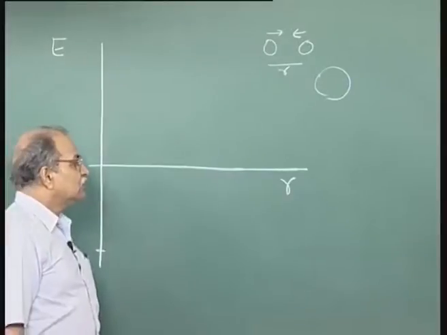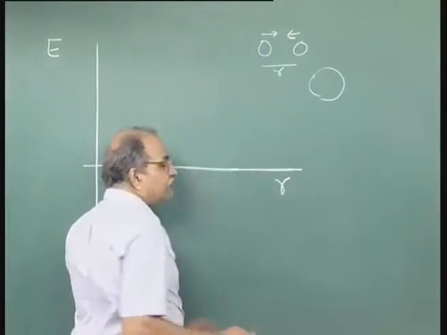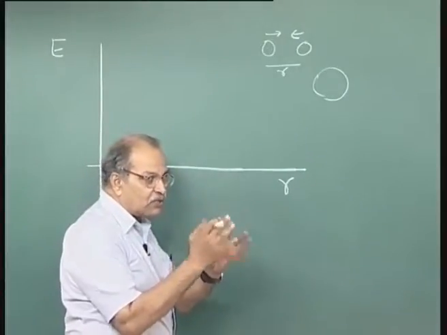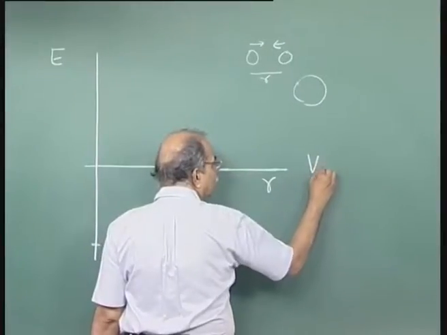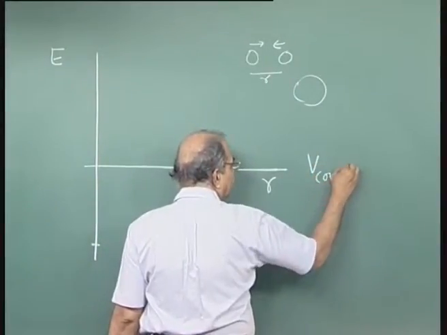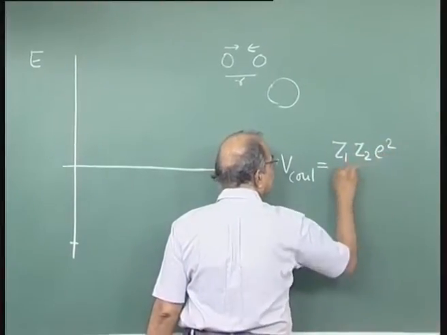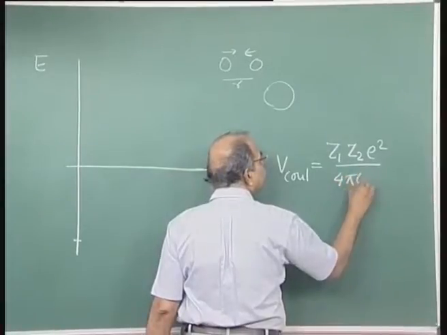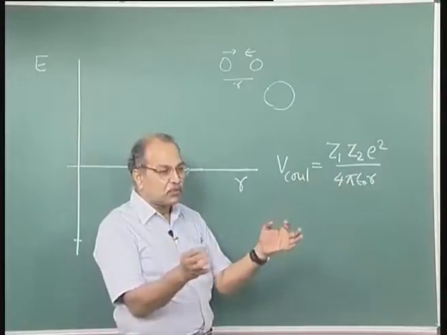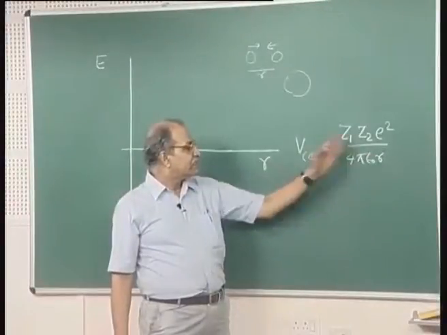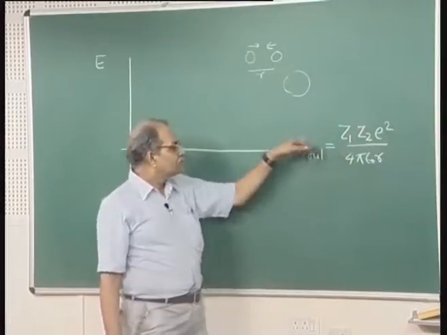As compared to the rest mass energy of this, the rest mass energy of this is down. So, that is the Q value. From here, when r decreases, when they come closer and closer, this Coulomb potential energy V Coulomb, that is Z1 Z2 e square by 4 pi epsilon naught r, keeps increasing. As the particles come closer, r decreases and V increases, just as the hyperbolic 1 by r pattern.